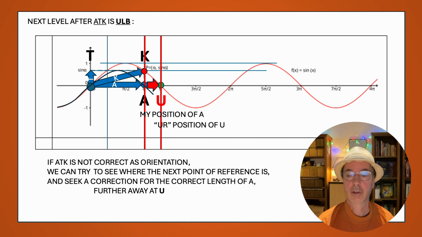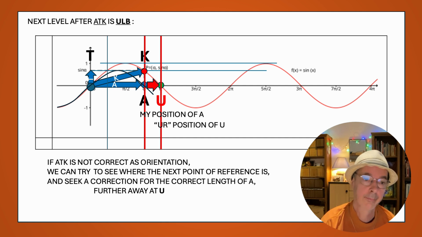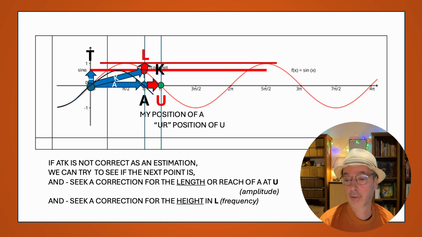What we already saw was one correction. Because we had our own position in tak, or in ATK, A, T, and K, my own position in A was not going far enough, so there was a second position possible further off, in a further length, with U. There's also another correction that you could do, for when the estimation is not high enough.